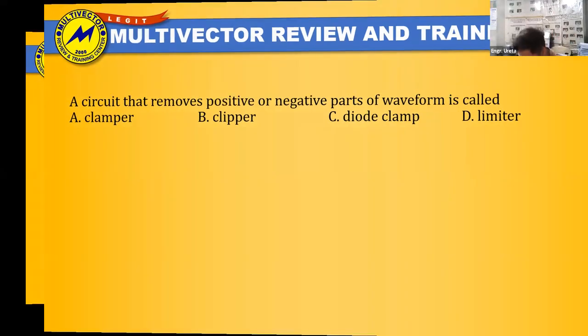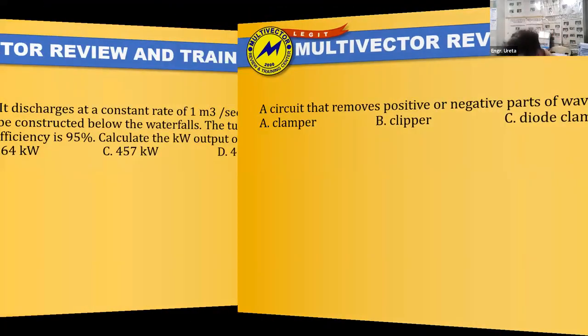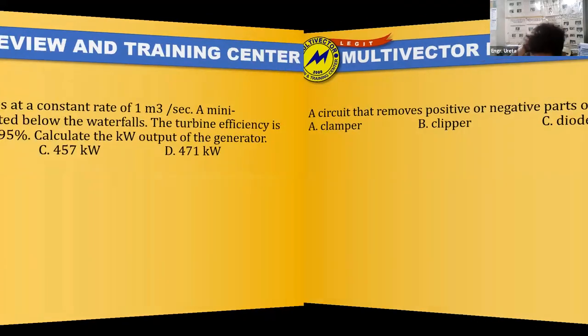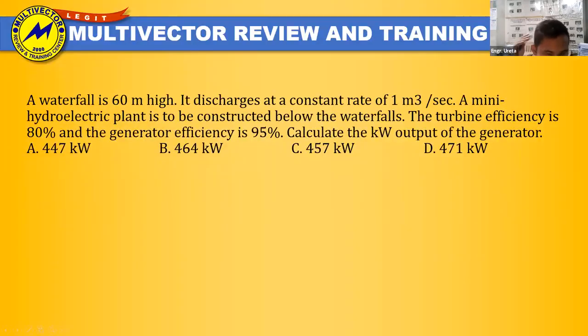Okay, next problem, problem number 31. This problem is about the output power of a hydroelectric power plant.